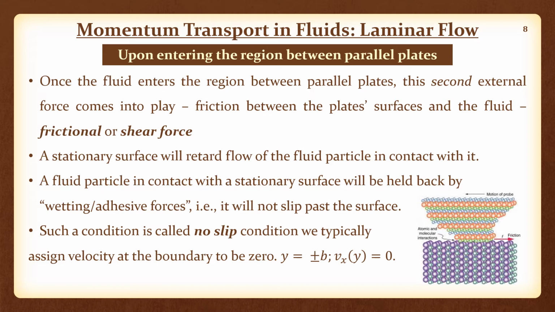The x momentum of the fluid particles that together form a single layer in contact with the surface y equal to plus b, and of another set of fluid particles that together form a layer in contact with the surface y equal to minus b, will be arrested and taken by the surface. Therefore their x velocities at y equal to plus b and minus b will become 0. This is the no slip condition.